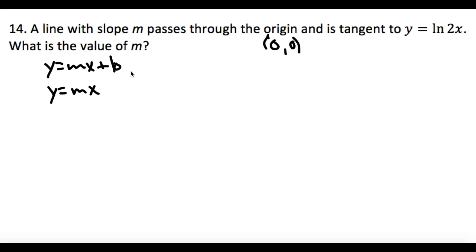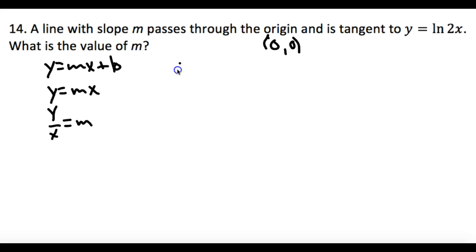Now, let's do this first. I can solve this for m, right? If I divide both sides by x, y over x is equal to m. That's going to come in handy here in a second. So here, I know that my slope, my m, is going to be whatever the derivative of this is.